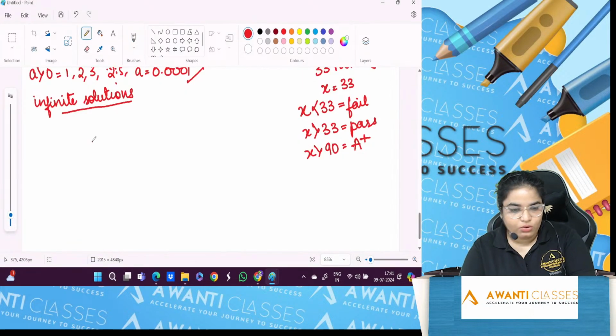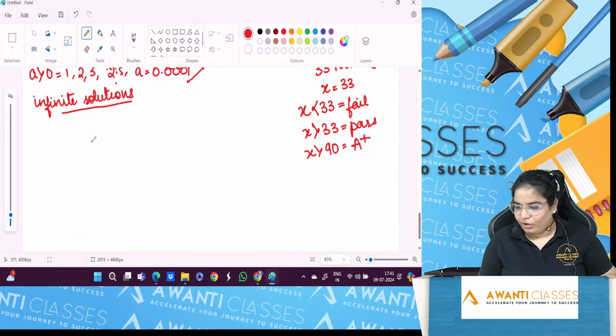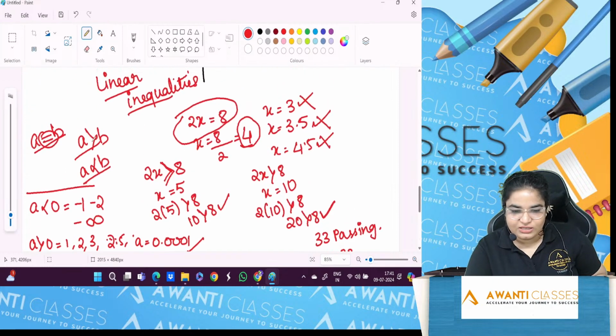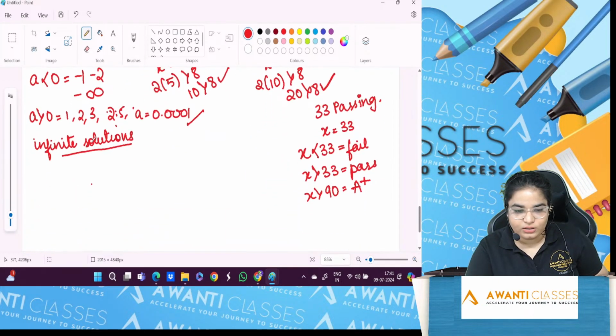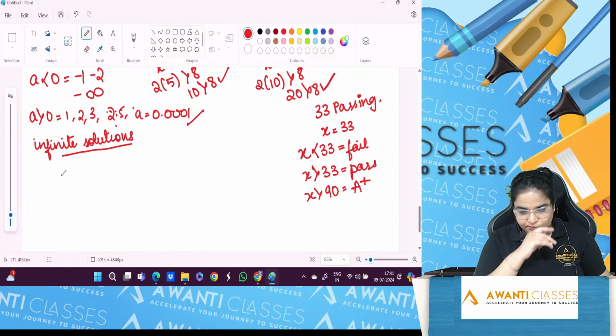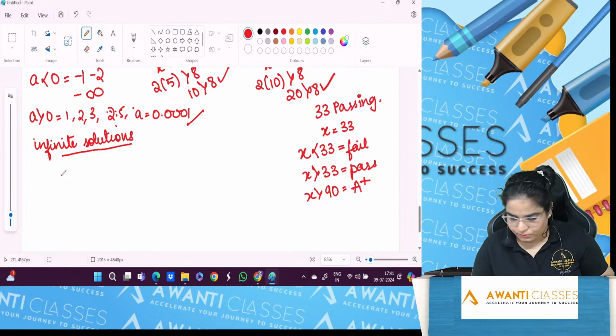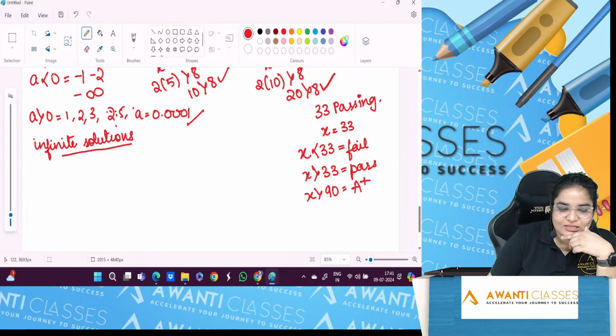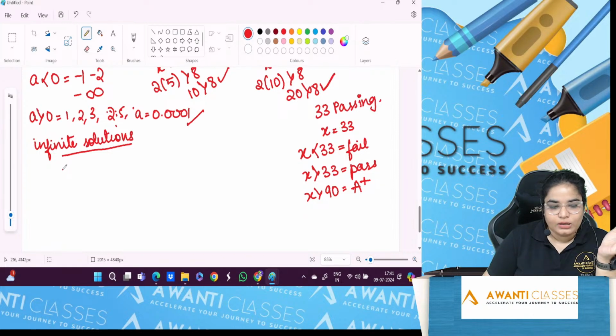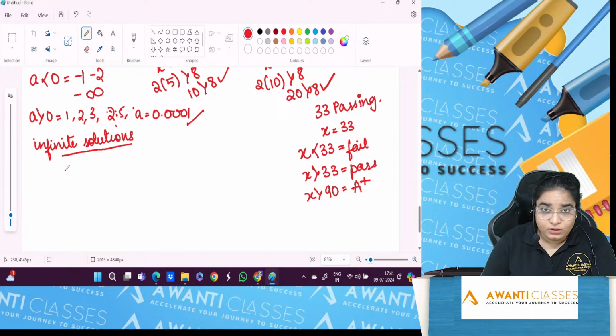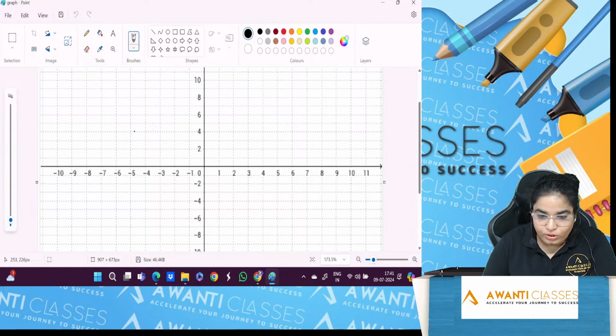Great. Now, what did we just see? We saw 2x is equal to 8. Yes or no? When we say 2x is equal to 8, in linear equation, it will be 1 point. Why? The point will be 4. That's all. Yes or no?